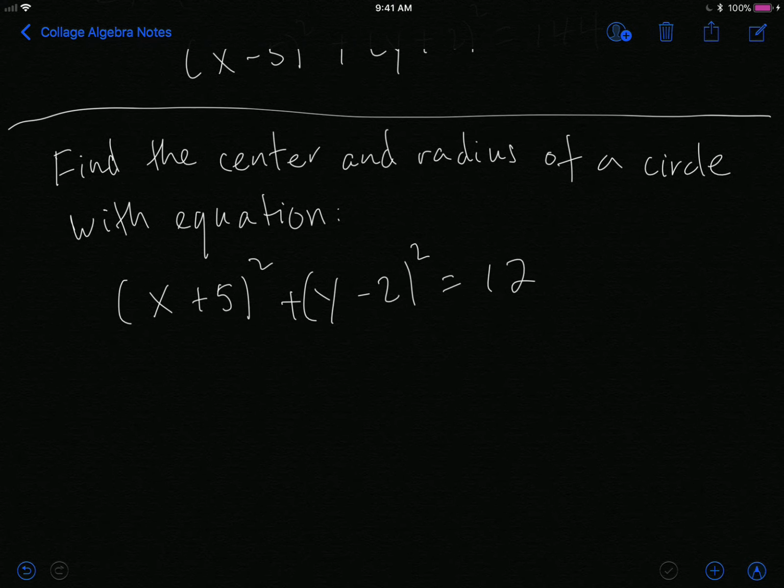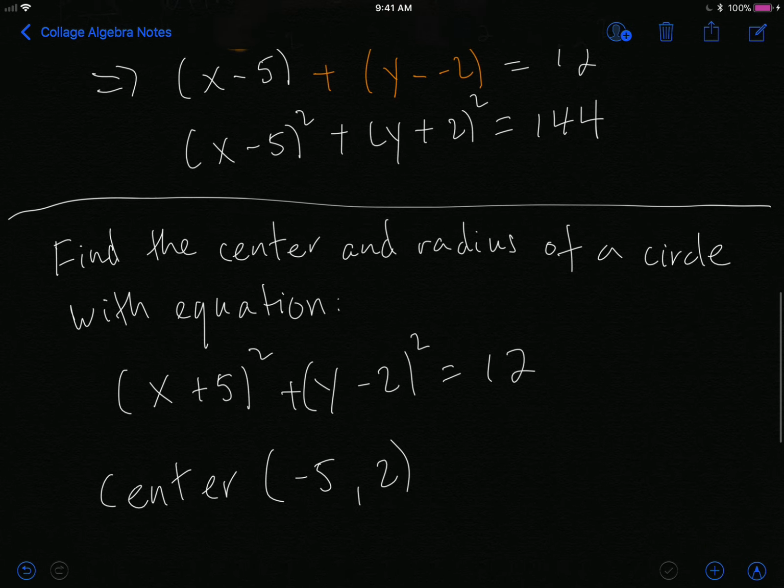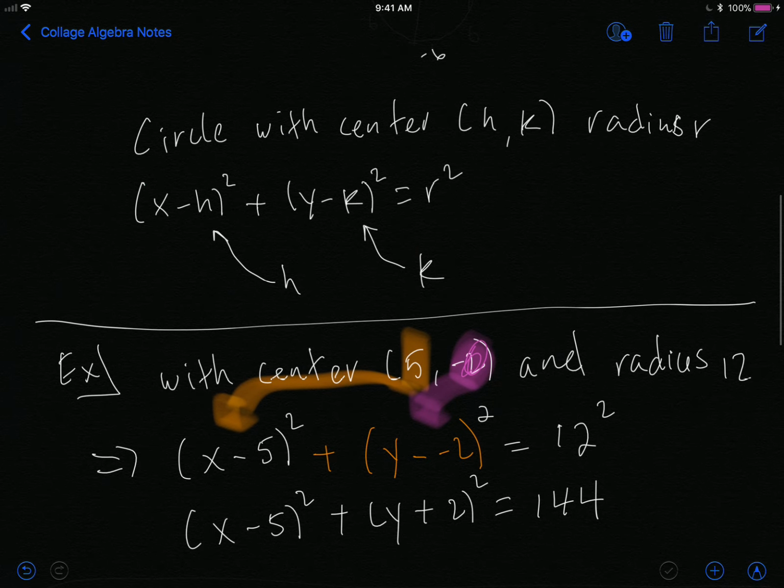So first things first, the center is going to be negative 5 comma 2. Now you might be thinking, well, I see a plus 5 here and a negative 2 here. What happened? Well, if you look at the equation very carefully, you'll notice that we're using the opposite of h and the opposite of k.